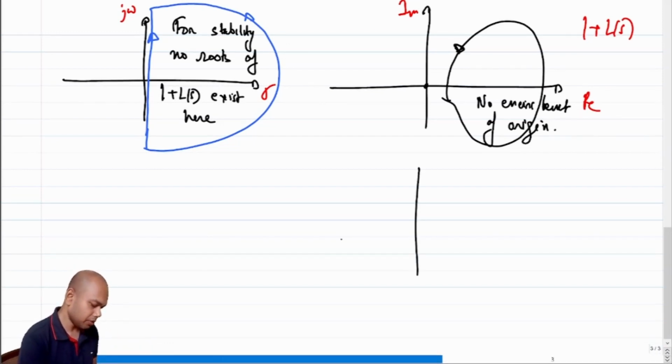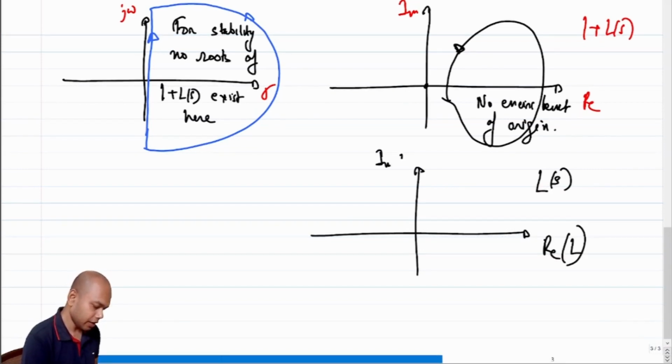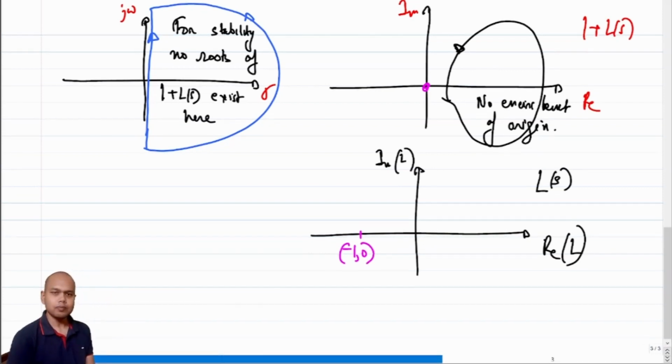So in other words, instead of plotting 1 plus L of S, let's plot L of S, and say this is real of L, this is imaginary of L, and instead of focusing on the origin, we'll focus on the point minus 1, 0, right?